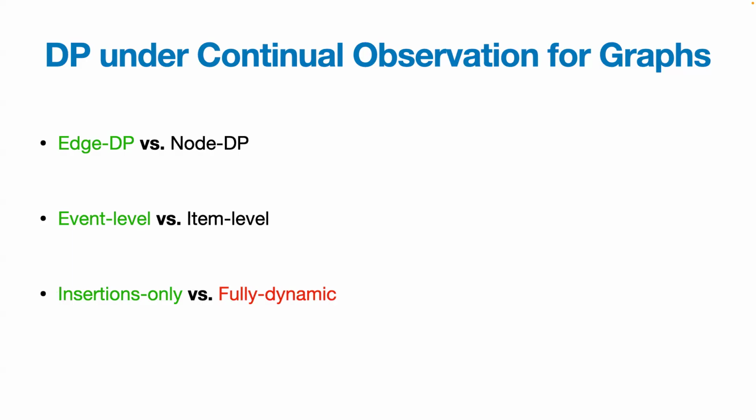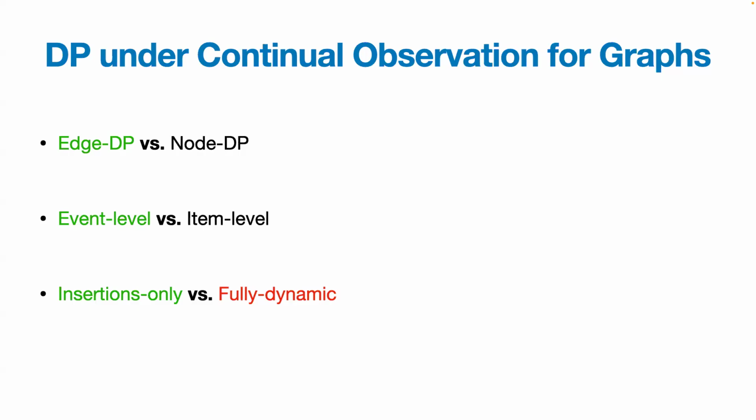And also, of course, we have insertions only versus fully dynamic, where in insertions only, we only have insertions, and in fully dynamic, we have both insertions and removals. So just as an example, if you're looking at insertions-only edge differential privacy, then event level and item level are the same because we can insert that one edge only one time. So in all of the results in this paper, we consider edge differential privacy.